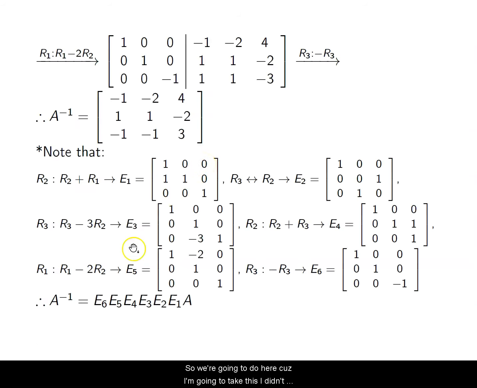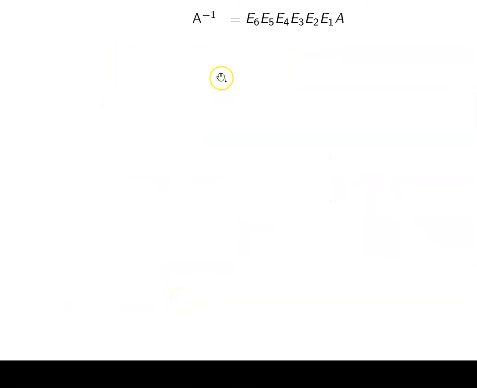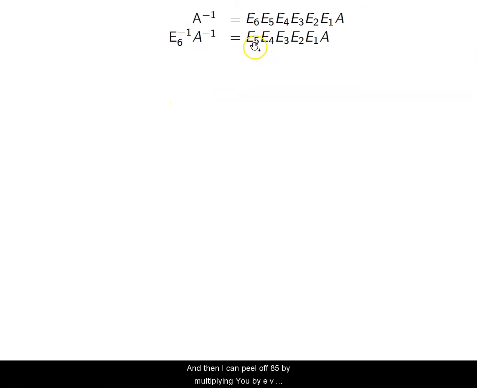So what we're going to do here is I'm going to take this, I didn't move anything, I just rewrote it here. It's in the same order. And notice what happens when I start to peel these things off, right? So if I want to get back to A, I can multiply this on the left-hand side by E6 inverse, and this by E6 inverse. Okay. And then I can peel off E5 by multiplying it by E5 inverse and E5 inverse.